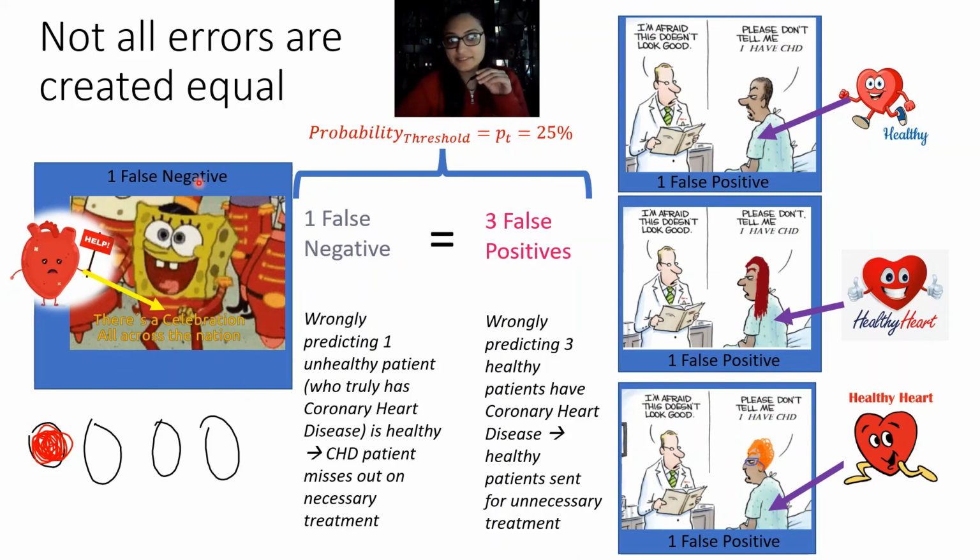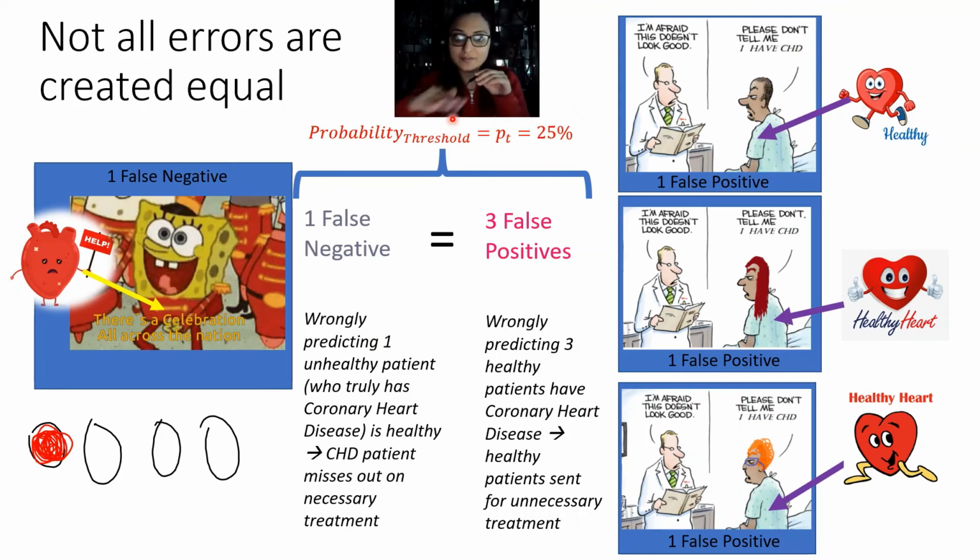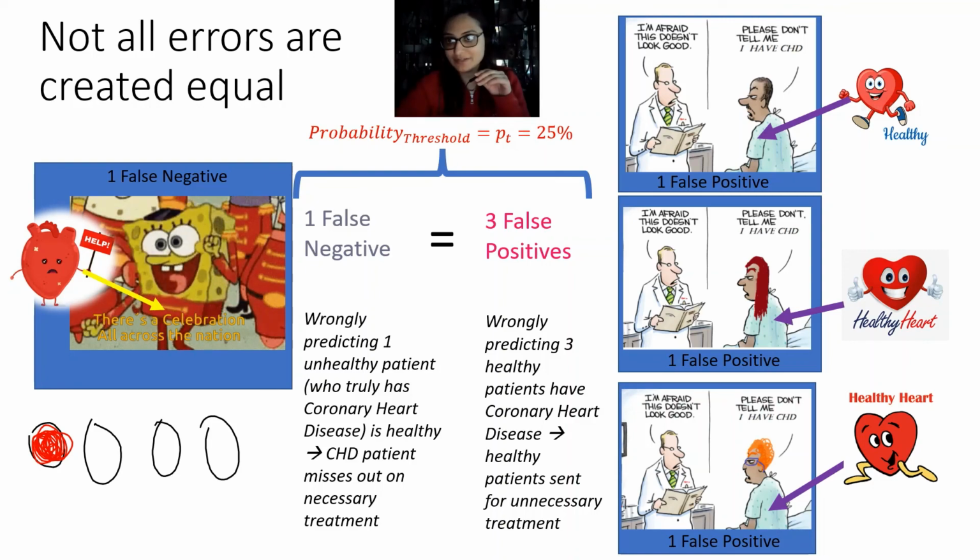So the weight of this mistake, the burden, the impact is equal, if not worse, to the impact of these 3 people going through unnecessary treatment, these 3 false positives. And this would change based on the probability threshold, based on that calculation that we are doing of probability threshold over 1 minus probability threshold.